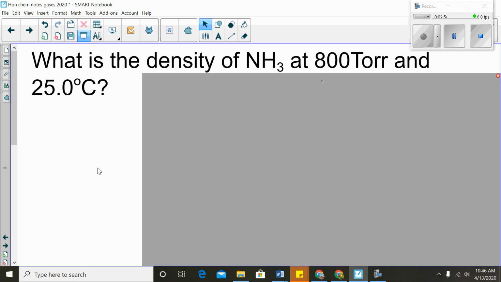The R we can look up, but what you're missing is molar mass. You do have NH3. So if you know the formula, you should be able to calculate molar mass on your own. This is a skill we've learned.